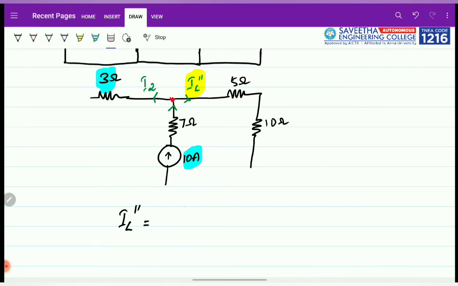Okay, I'll write it in simple words. The 3 divided by the sum of the resistances, which is 15, into the main current which is getting split, which is nothing but 10. So 3 divided by 15 will give you 0.2, and 0.2 into 10 is nothing but 2 amperes.